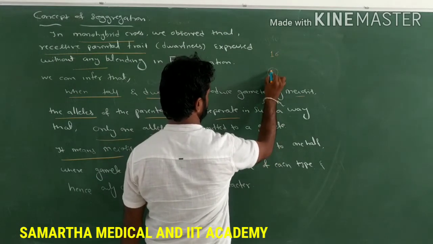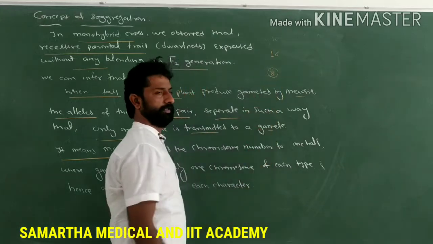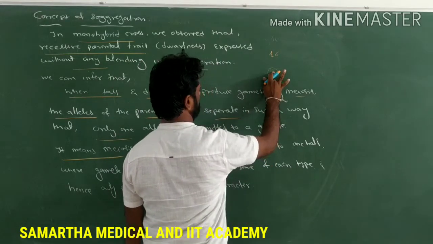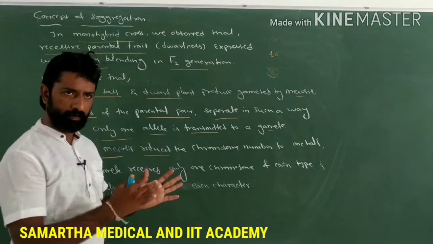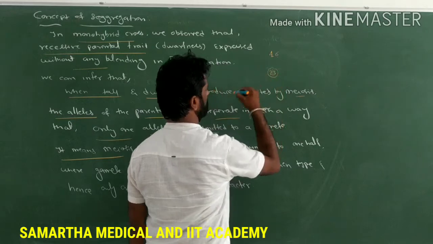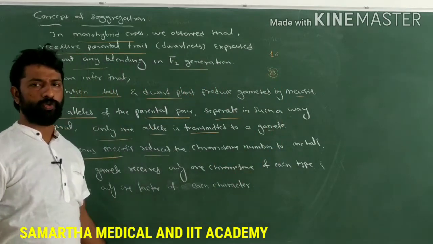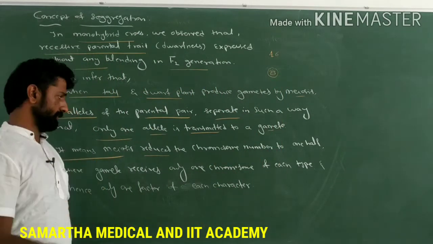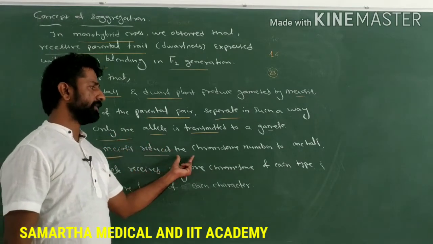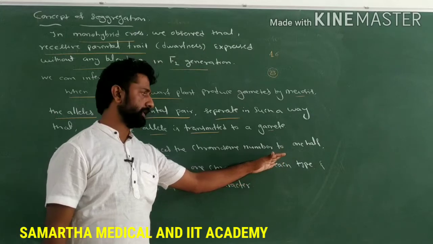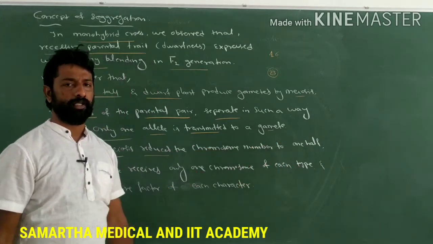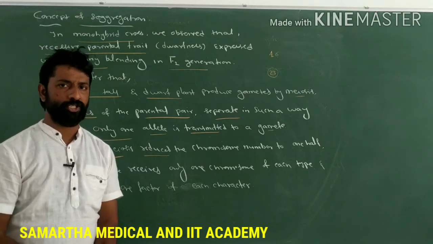Half of 16, that is 8. Like that, in human beings there are 46 chromosomes, and half of that, 23, is transmitted to the gamete. Each gamete will have 23 chromosomes. In such a way, during meiosis, for the production of gametes, the number of chromosomes is reduced to one half of the number in the parental generation.